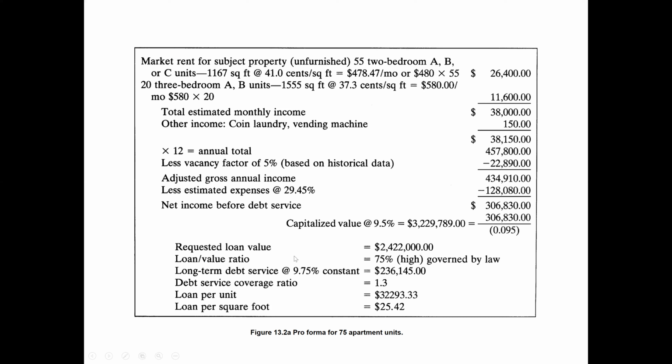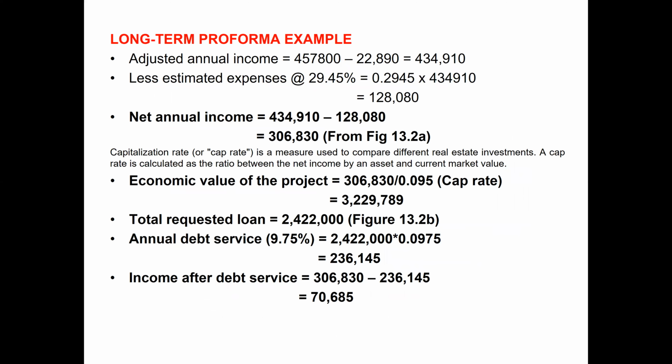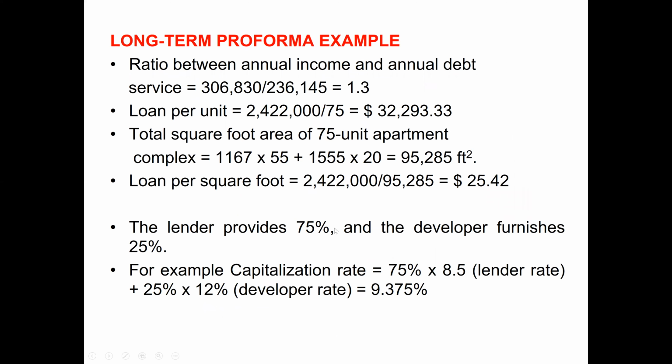The total requested loan we have seen in the previous slide was $2,422,000. I'm going to put these calculations in more detail in the previous slide. If we go this way, maybe you can learn better.